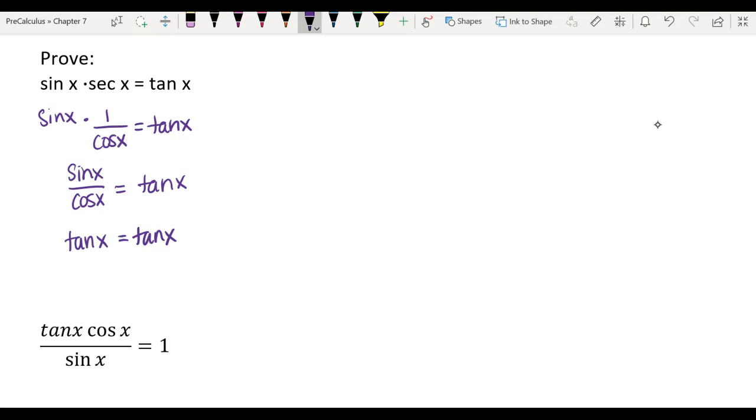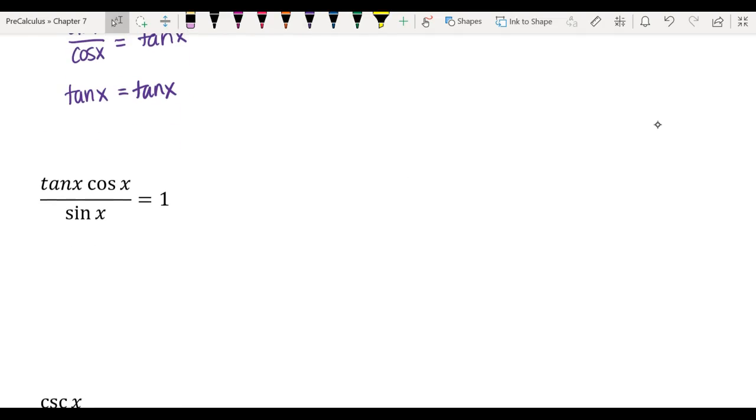So for this next one, the first thing we're going to do is change tan into sine of x over cosine of x. So the first step should always be, if it's not sine or cosine, you need to change it into sine and cosine. So I'm going to change tan of x into sine of x over cosine of x. Sine of x over cosine of x times cosine of x all over sine of x needs to equal 1.